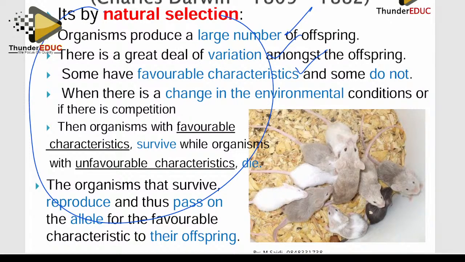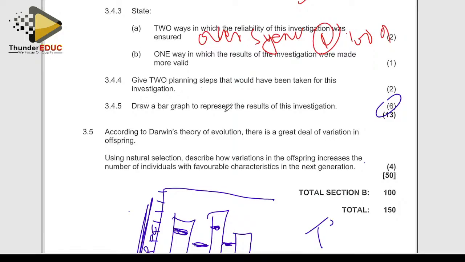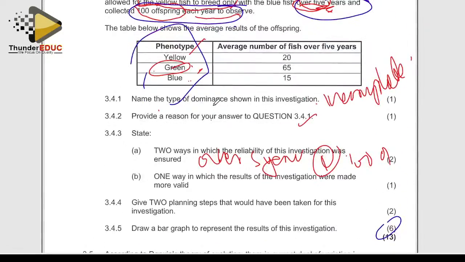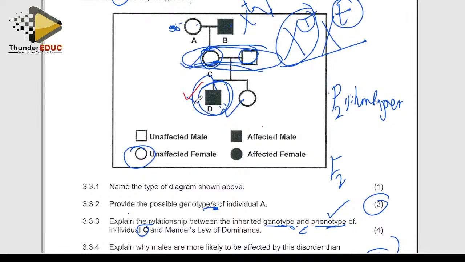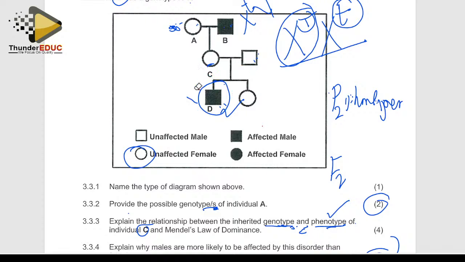Okay, Bongani, you're saying read how C inherited the disorder. If you have a question, let me know. You are saying that they said here, describe how C. Where is C? Oh, serious?